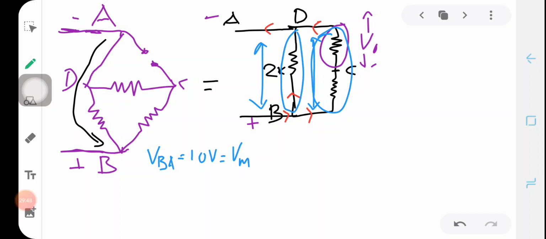So that voltage will be Vm, which will be equal to VBD.